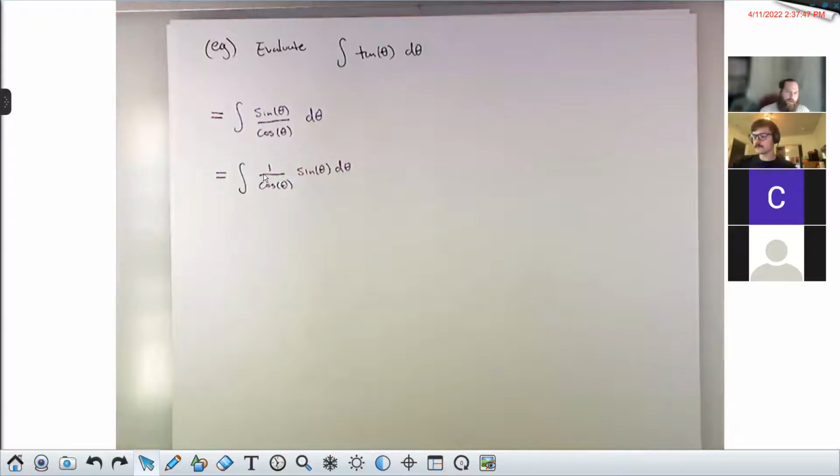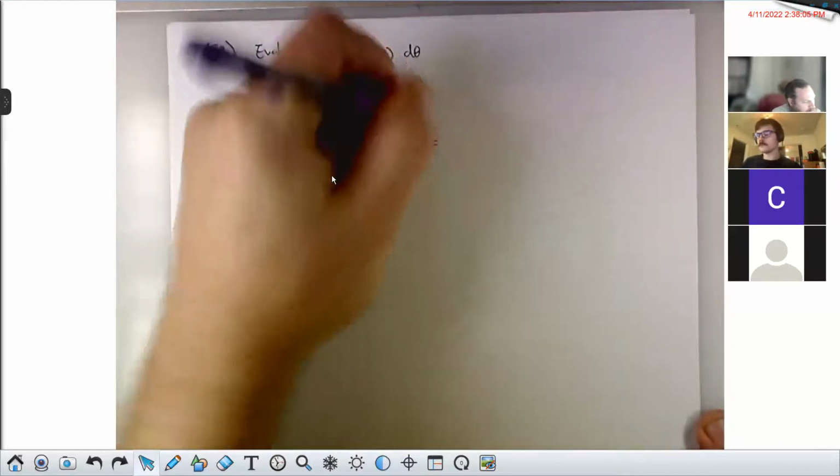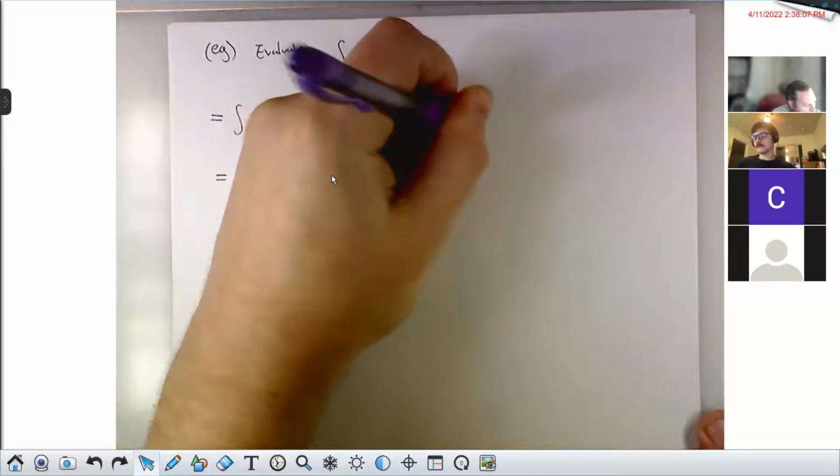And now cosine is looking like an inner. This is like 1 over u, where cosine is the inner function u, and sine theta, not exactly the derivative of cosine theta, but real close. And that hints strongly at the substitution u equals cos theta.